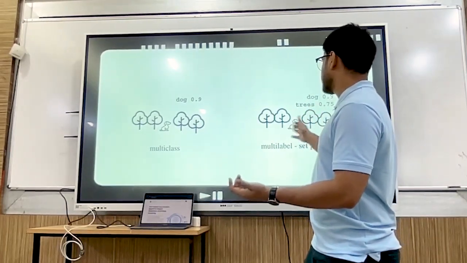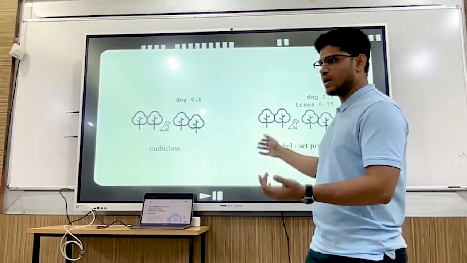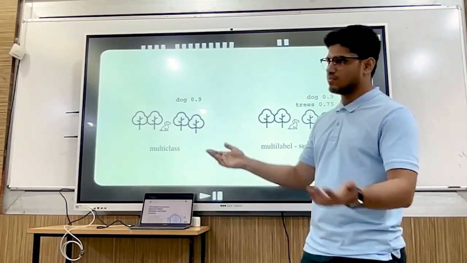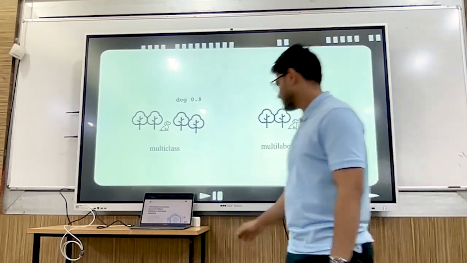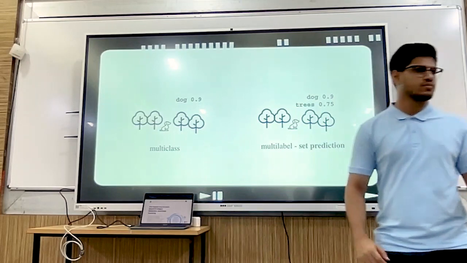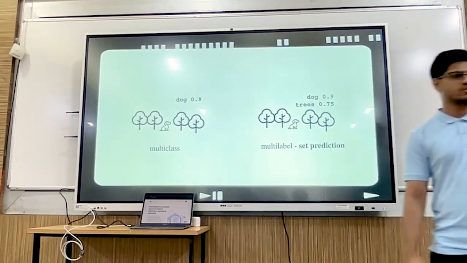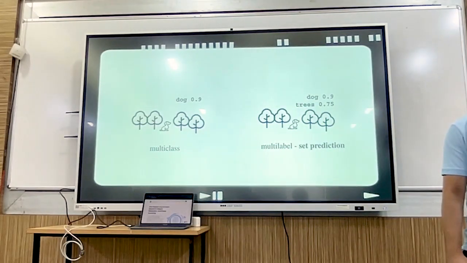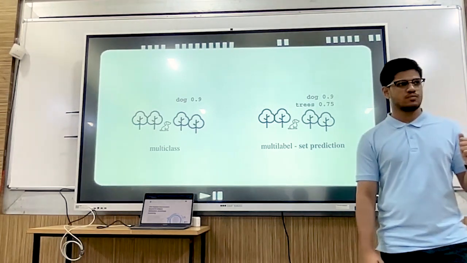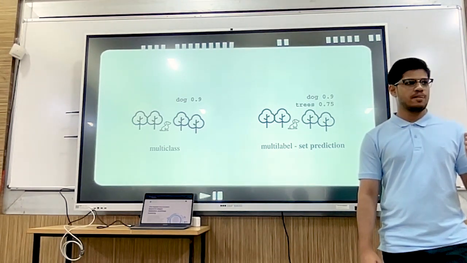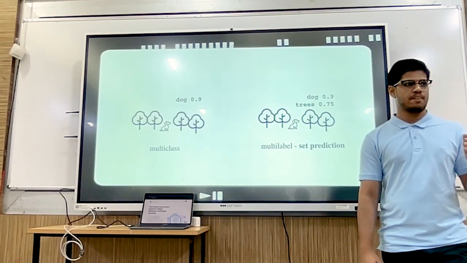Say, for example, there's a bird as a label, and the bird is somewhere in the image, it would give the probability for it. So suppose there was a bird in both of the images, and the probability of a bird was 0.6. Okay. So in multi-class, because the probability of the dog is maximum, only the dog will be returned.